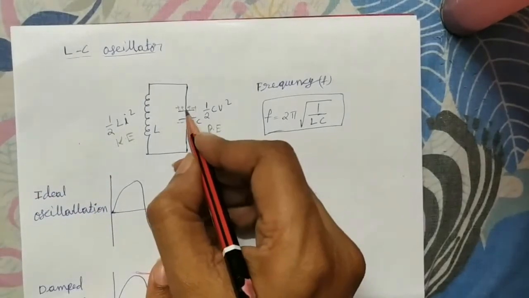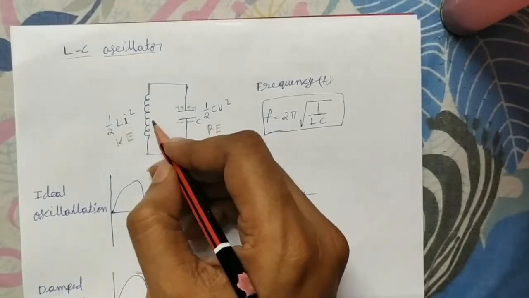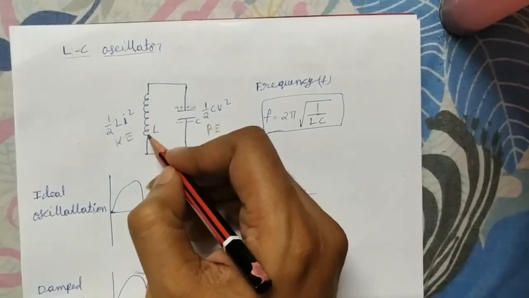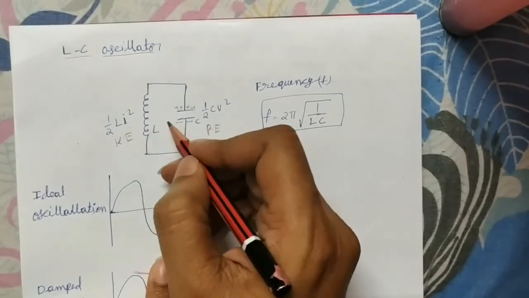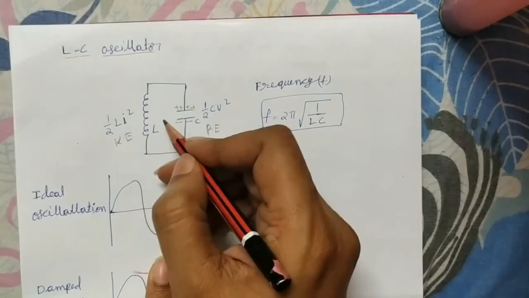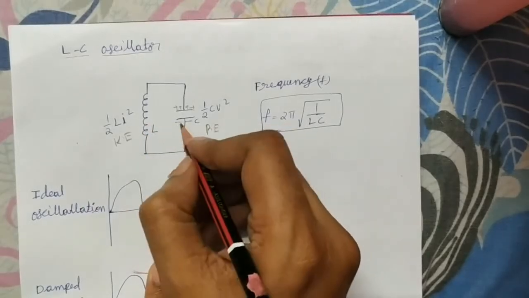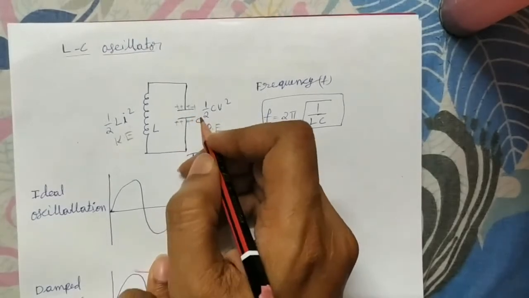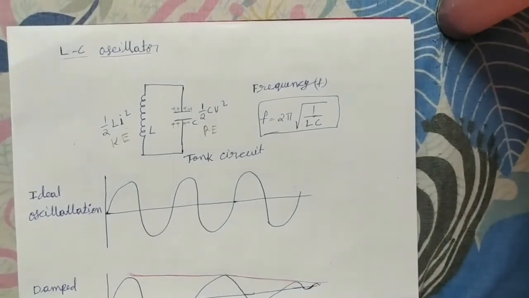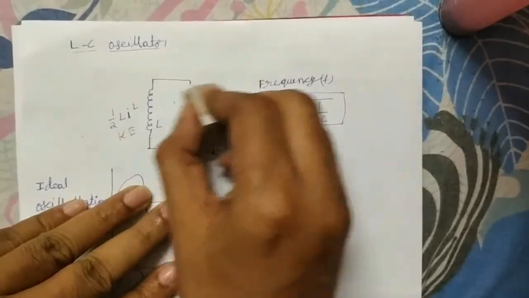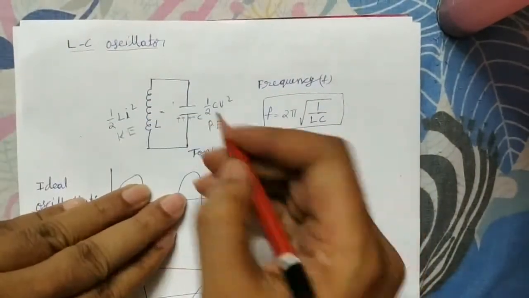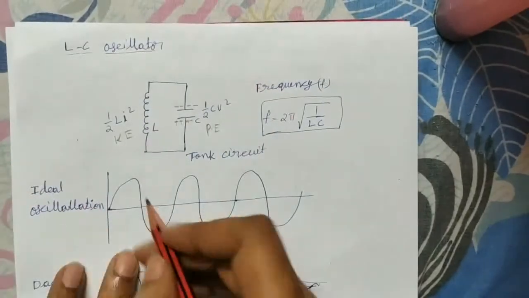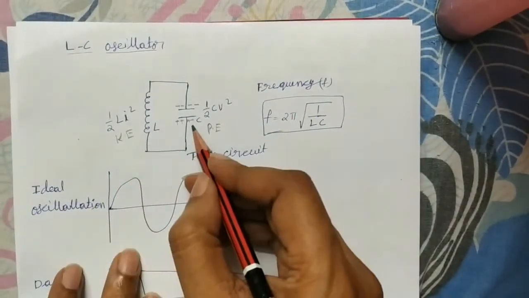Then the capacitor goes on discharging because of induction. Induction means whenever current flows through the inductor, the coil, it creates an opposite field and an opposite current. Due to that, this plate which was positively charged becomes negatively charged, and that plate becomes positively charged. So the inductor makes the capacitor plates charge oppositely. Then the current gradually decreases and the capacitor charges again.